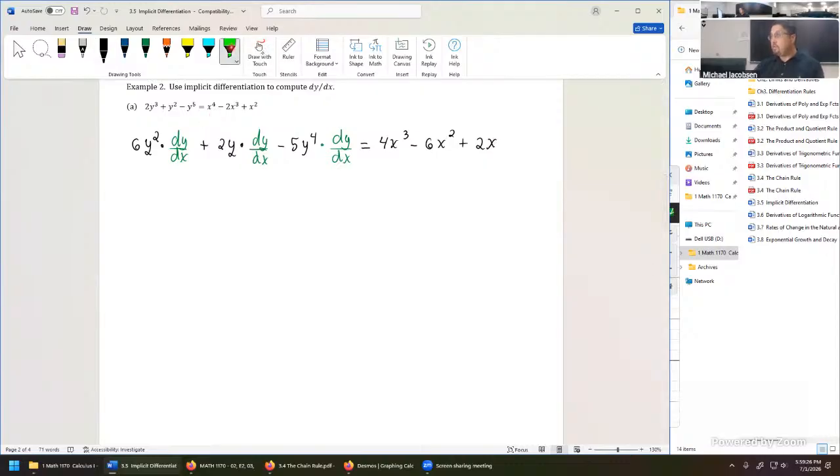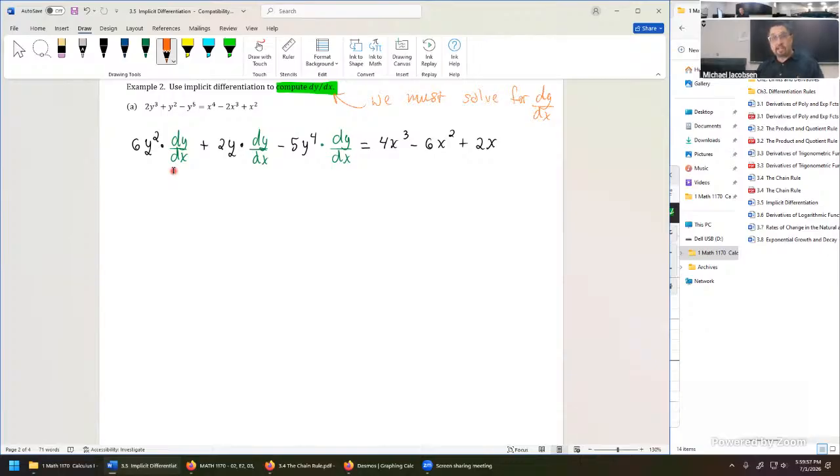We want to compute dy dx, but what this boils down to is we must solve for dy dx. So now there's just a bit of algebra to get dy dx isolated on one side, and then our work is going to be complete. In other words, that's the end of the calculus step.